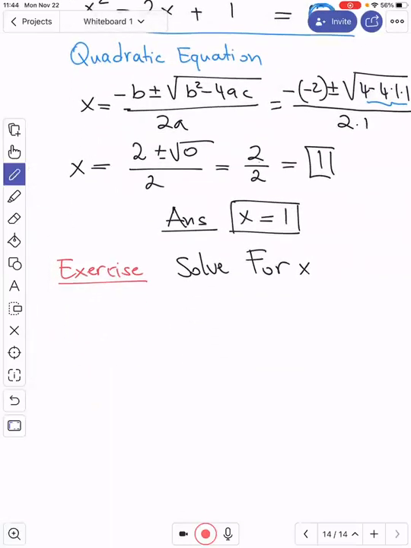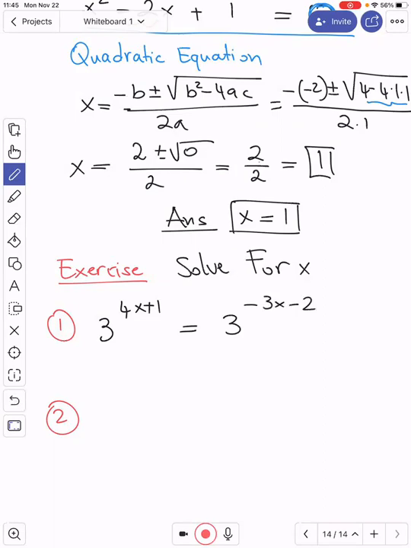So 1, 2. Both are exponential equations. Let's say here, number 1, you have pi to the power 4x plus 1 equal to pi to the power minus pi x minus 2.